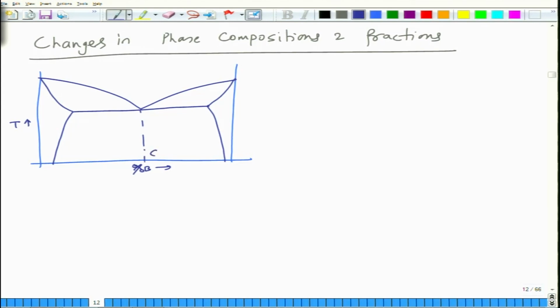So this is percentage B, this is CE. This is the eutectic temperature, so for C equal to CE, the alloy composition is CE.